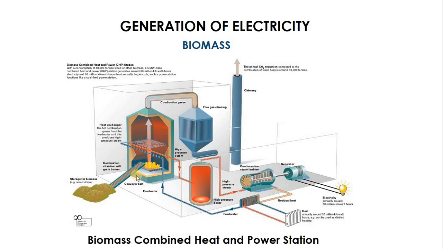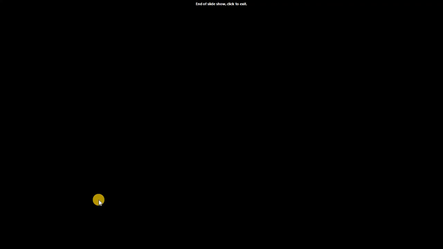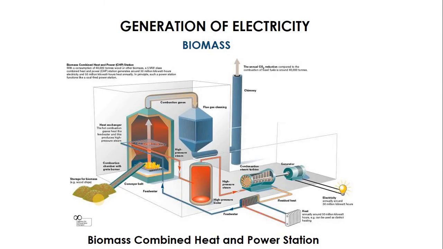Then here we have the direct combustion type. As you can see, we have the biomass, wood chips or sawdust, and then that is channeled straight into the boiler. It is burnt, and the heat boils the water in the piping systems here.